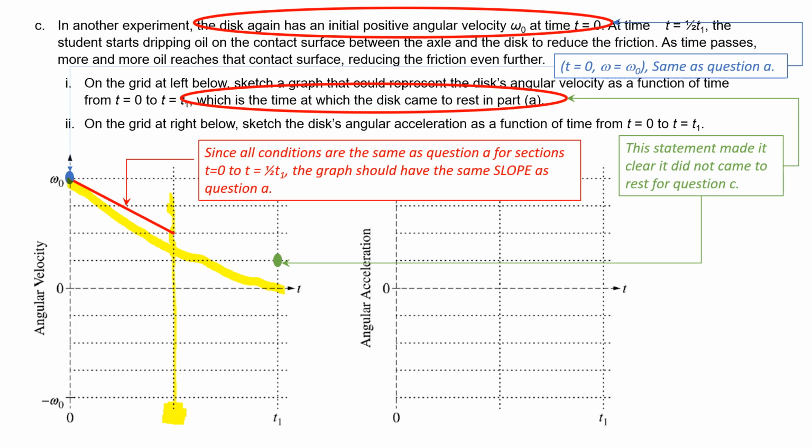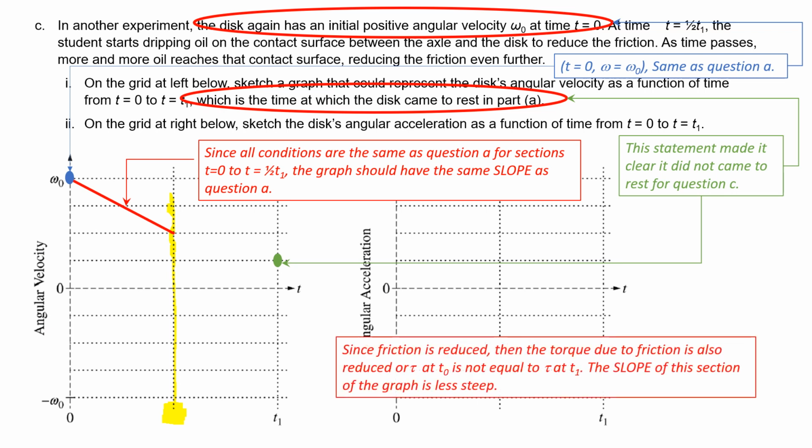It should be this way. Okay, so now let me erase this. Now what happens next? Since the friction was reduced, the deceleration, or how it's slowing down, also changes. So now let's connect this dot from t 1/2 t sub 1 all the way to t sub 1.